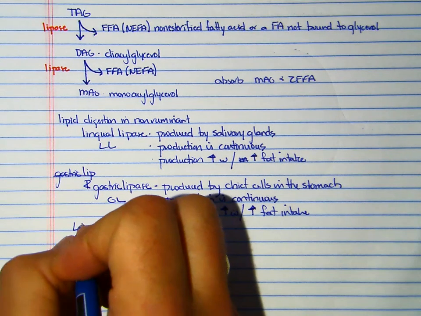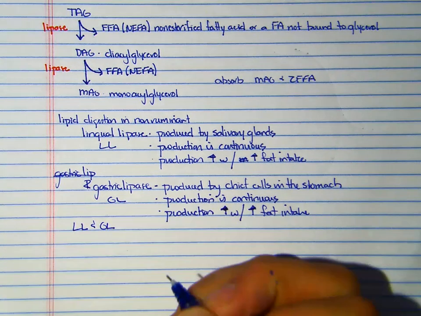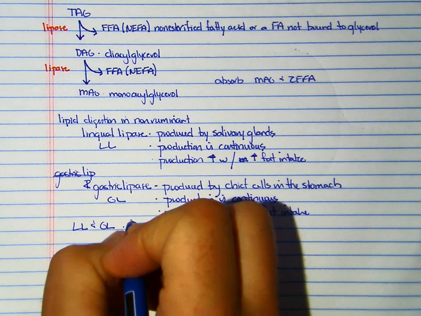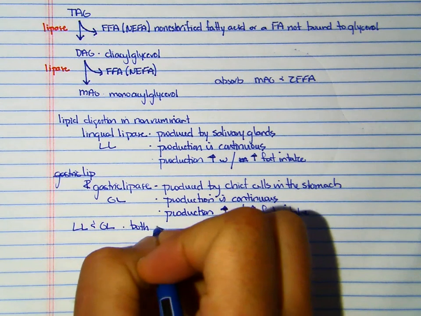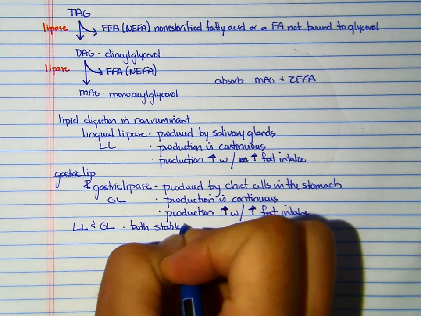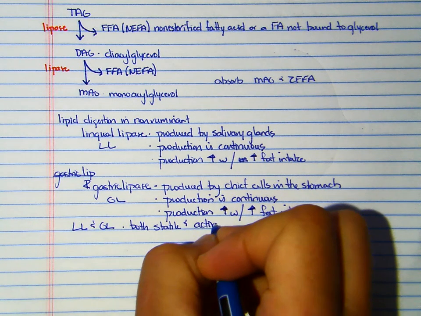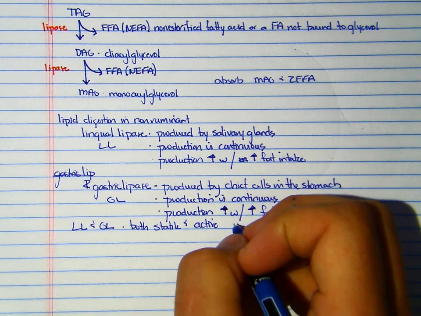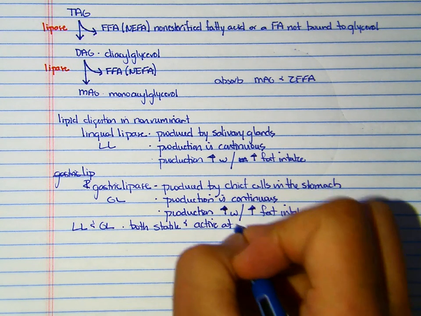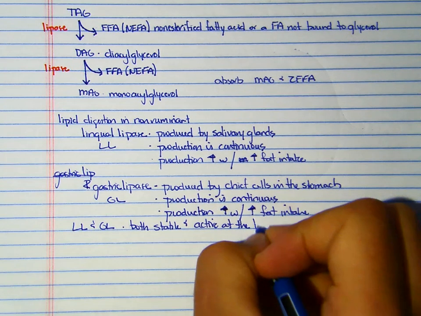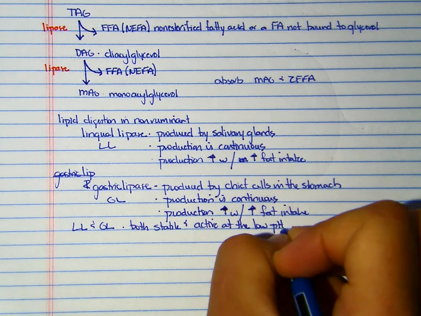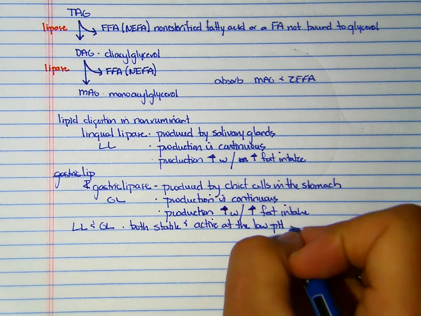And so lingual lipase and gastric lipase are both stable and active at the low pH of the stomach.